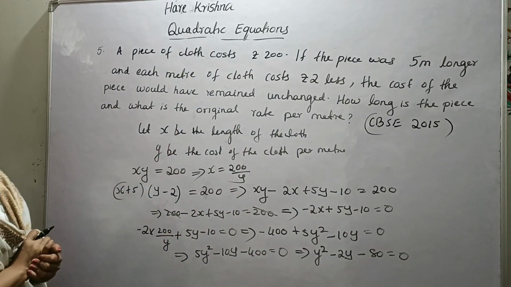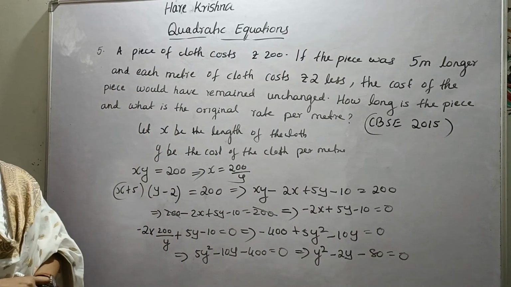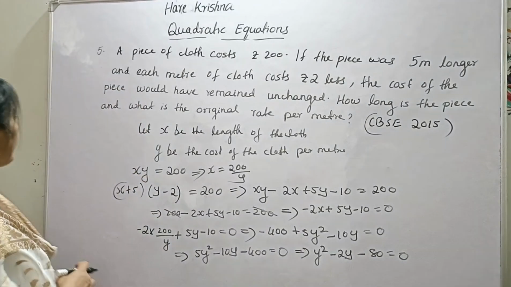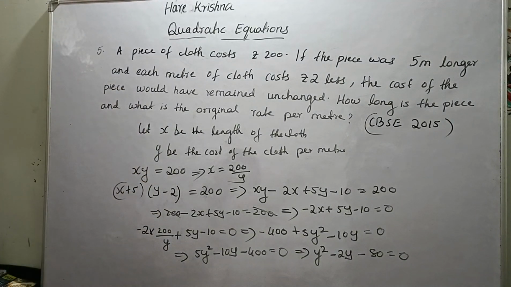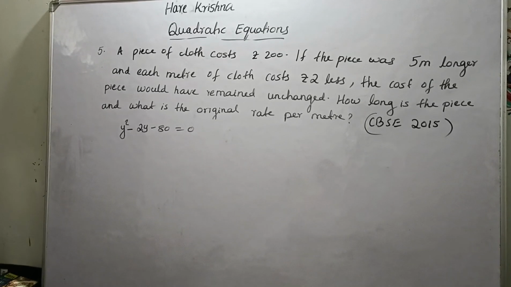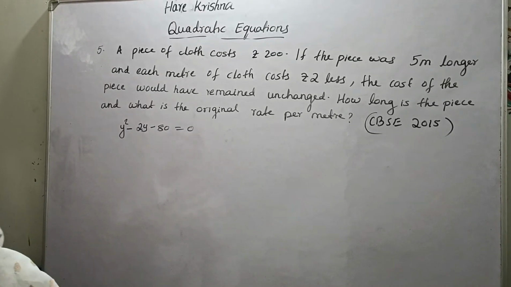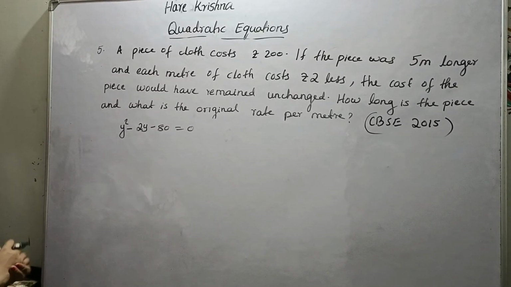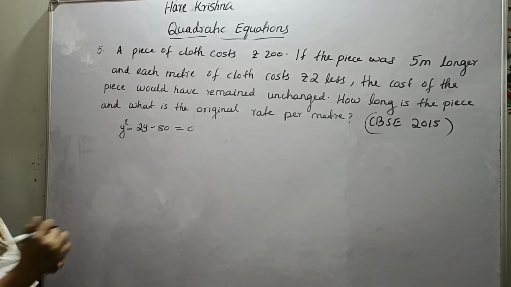Now we have to solve this quadratic equation. You can solve it by quadratic formula. So we have got the quadratic equation y square minus 2y minus 80 is equal to 0. Let's solve it by quadratic formula.